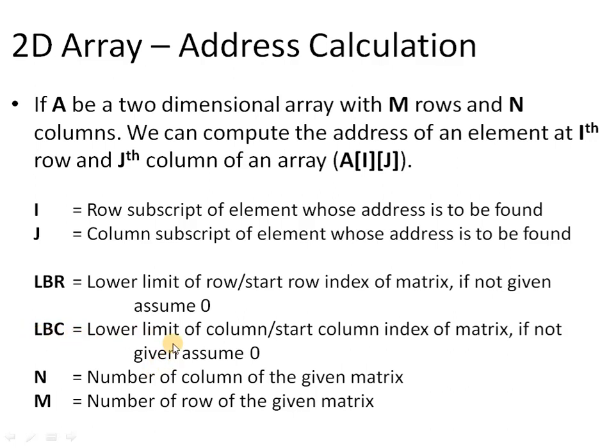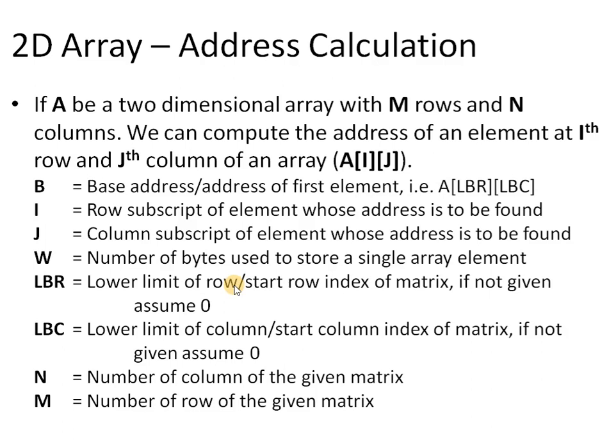If LBR or LBC are not specified, then assume them to be 0, as we have done in case of one-dimensional array. Again, W be the number of bytes needed to store single element of an array, and B is the base address of the array.